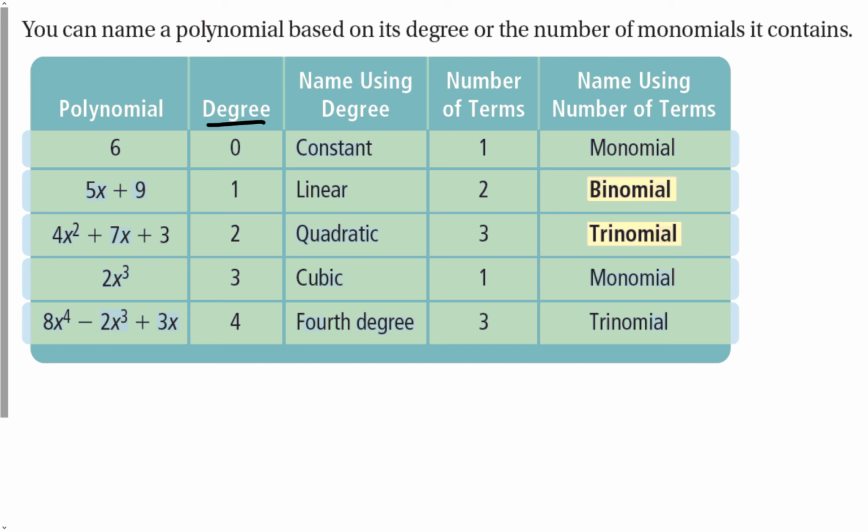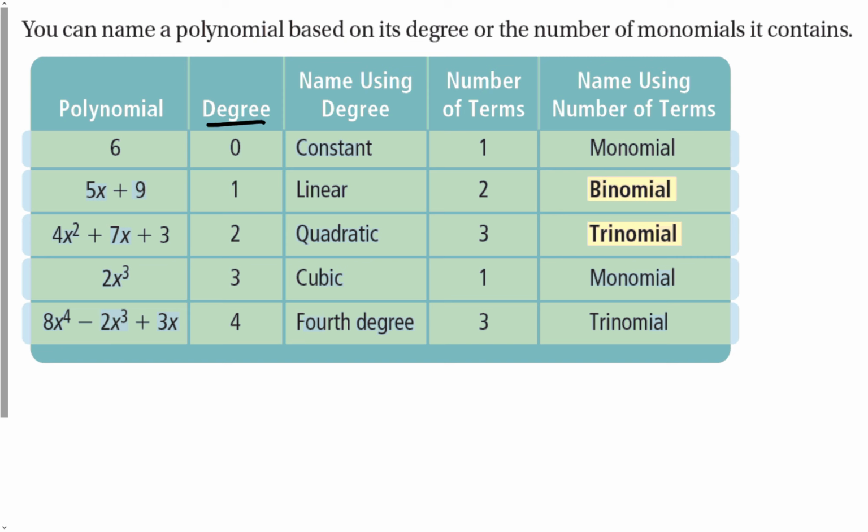So if the degree is 0, it's called a constant. If the degree is 1, linear, 2, quadratic, 3, cubic. And there are special names for 4 and 5, quartic and quintic, but for the purpose of this section, we'll stop at 3. Anything bigger than 3, you just call 4th degree, 5th degree, 6th degree, whatever.